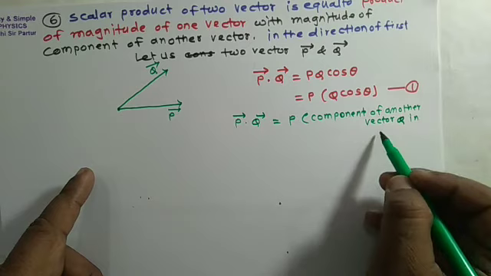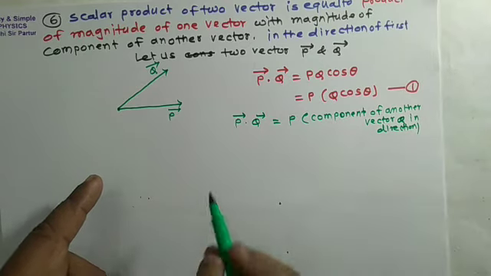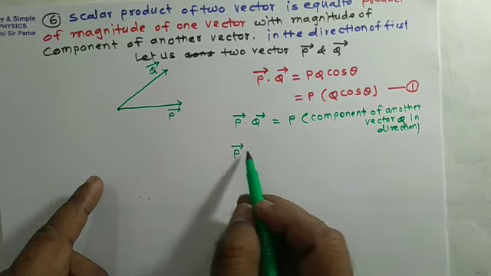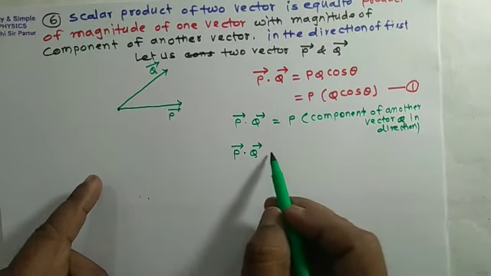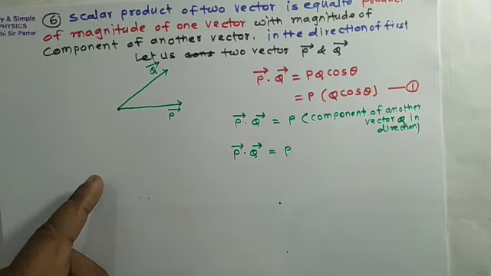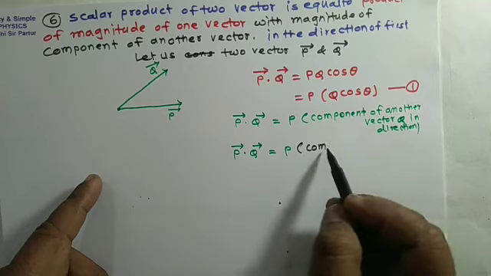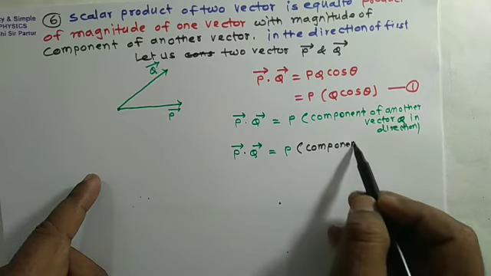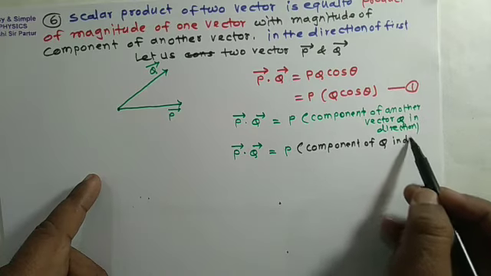Q in direction, means vector P dot vector Q will be P in bracket component of Q in direction.